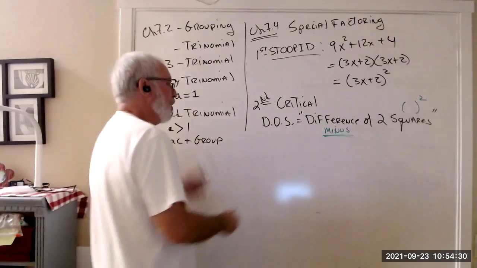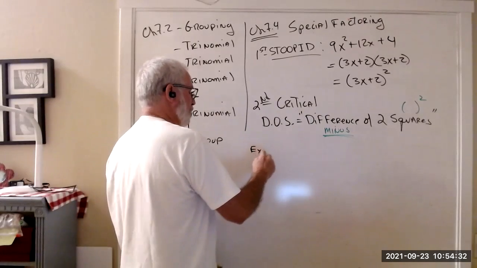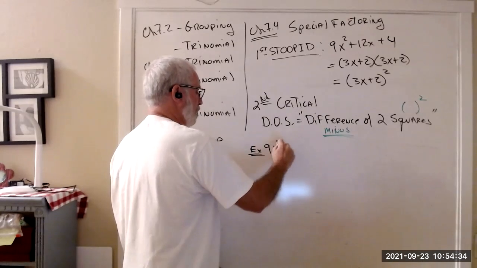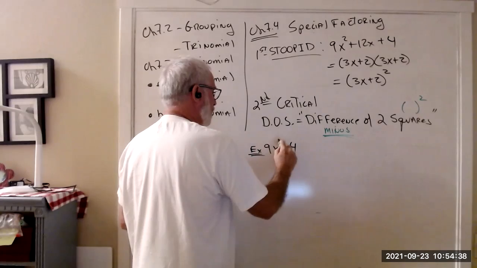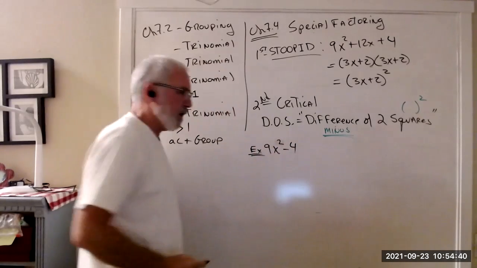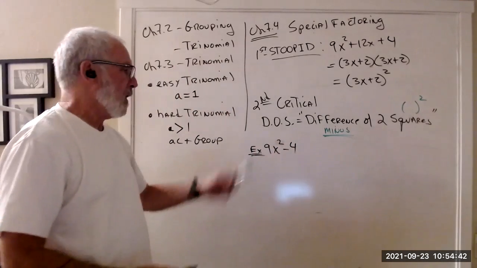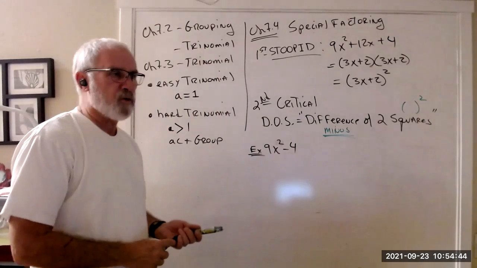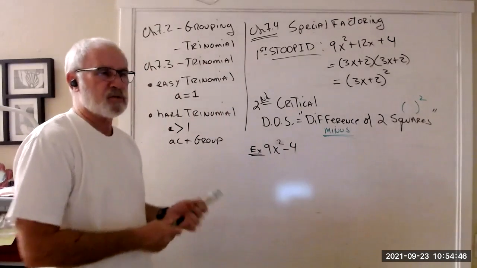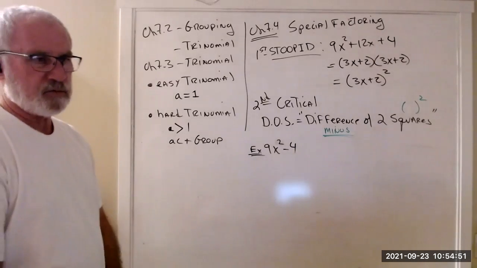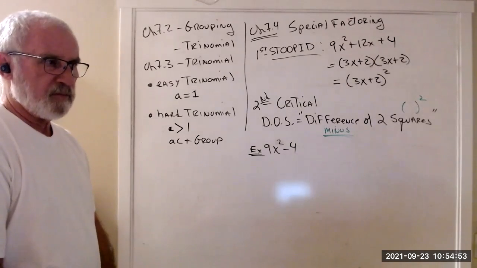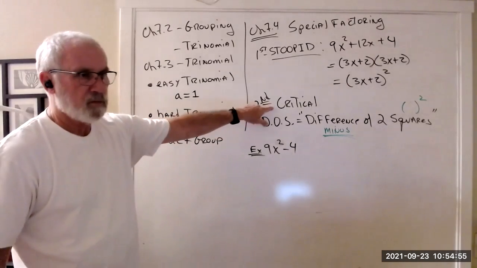Now, this problem that I'm going to show you can be done two ways. One way will take you 3 or 4 minutes, 2 minutes maybe if you're fast, and another way will take you 2 seconds. That's why I call it critical.